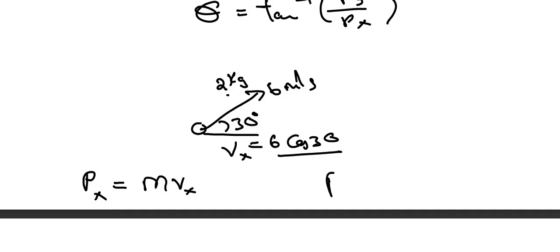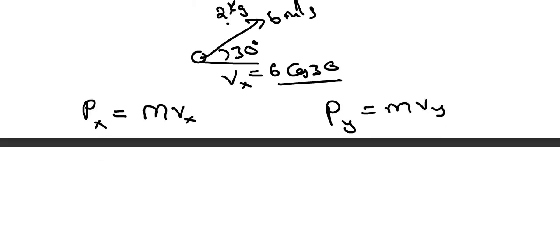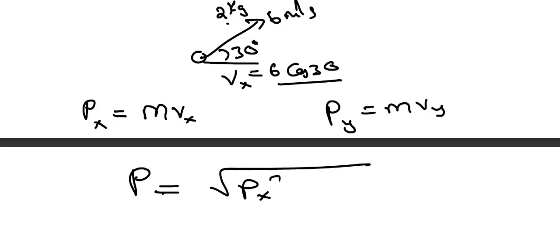Then again, you get the y component, which is the mass and the Vy. So once you get your x and y component, you can now get your resultant momentum, which is just going to be just like we did with vectors. Yes, we're going to be doing this. Is this okay?